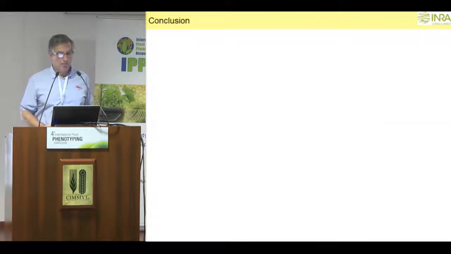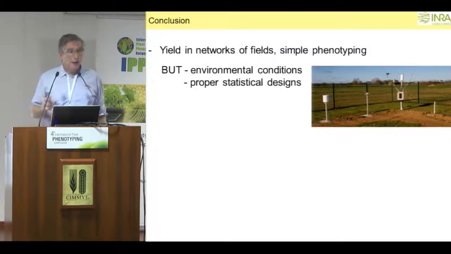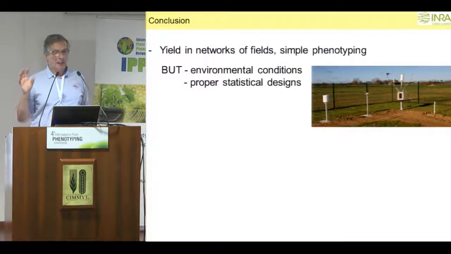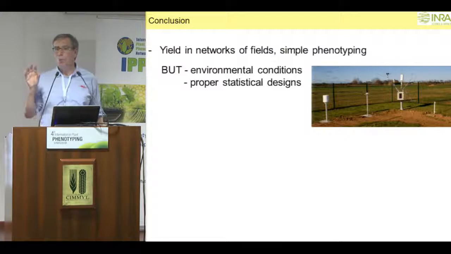So, conclusion. Probably everything that is yield has to be in fields, in networks of fields. There is no way of having decent yield in phenotyping platforms. They are not for that. We can do that with very simple phenotyping, but we absolutely need the environmental conditions.